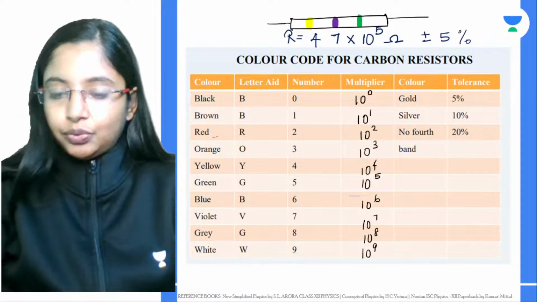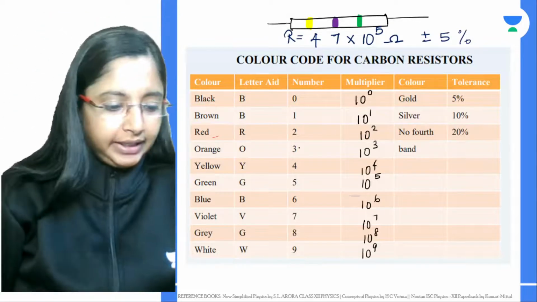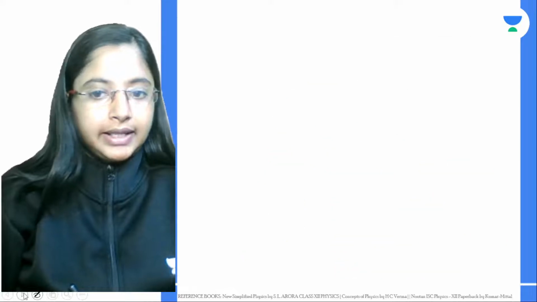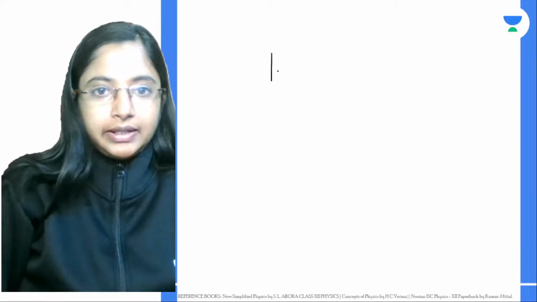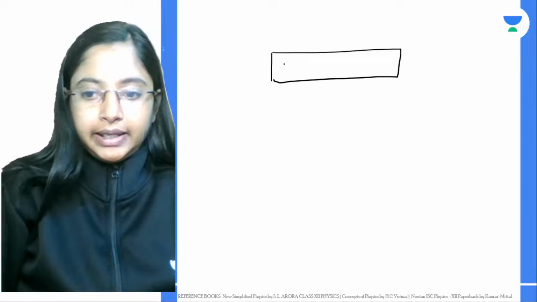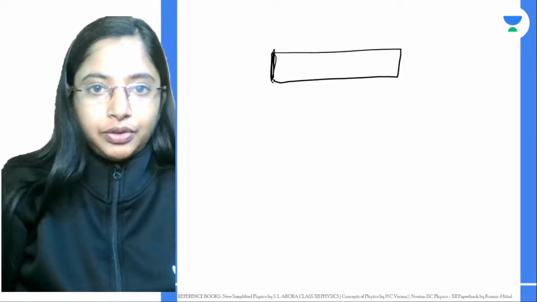So this is one system of bands. There is another kind of resistor, a second system of resistor.